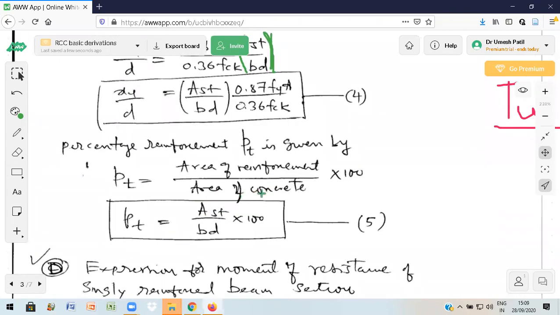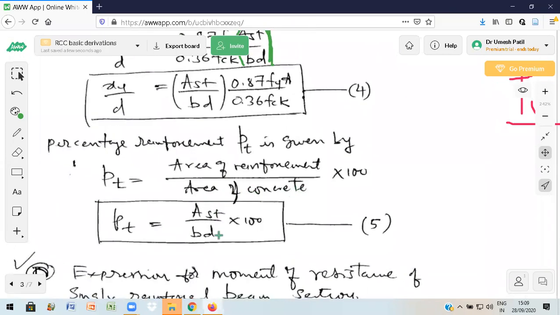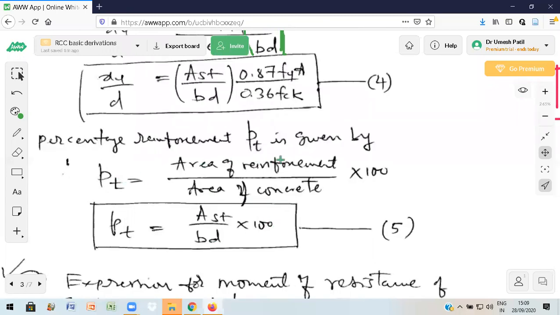We can say area of the entire beam, only up to depth D. Now observe, steel area divided by overall concrete area b into D, into 100, is giving you percentage reinforcement. Simply it is area of steel rods divided by area of concrete into 100.